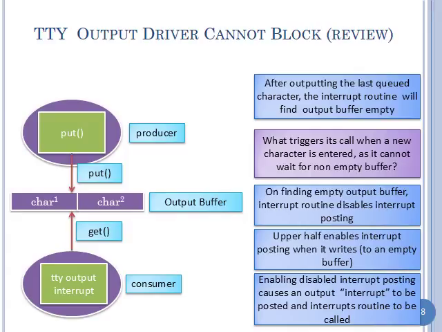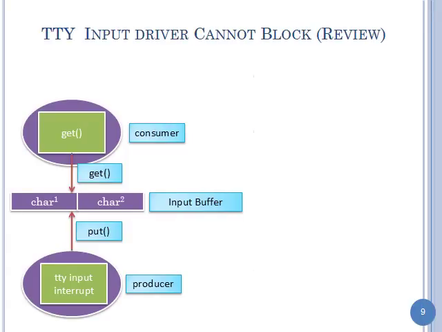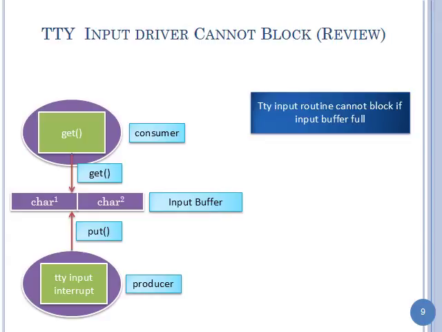This is basically a form of signaling that works for devices. And we saw then similarly input also involves a producer-consumer problem, but the dual of the previous problem. So now the application code is a consumer, and the device is the producer. And again, just like the selector thread in NIO, the interrupt routine can't block. And here we can't do any tricks.